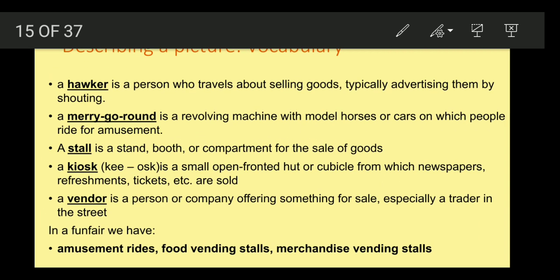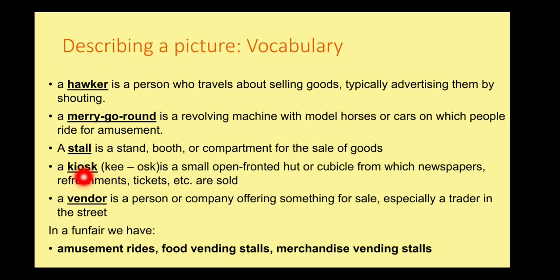One other thing that we need to remember is that the word that begins with V, we pronounce it by biting our lower lip. Vendor. But when we pronounce a word beginning with W, we just make our lips into a circle and pronounce the word. We do not bite our lower lip.